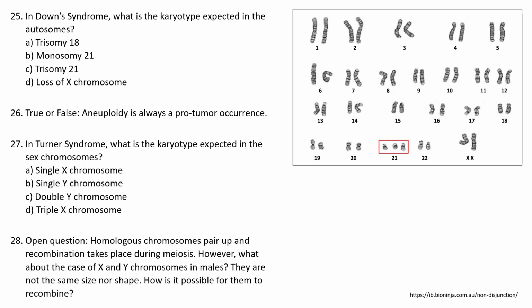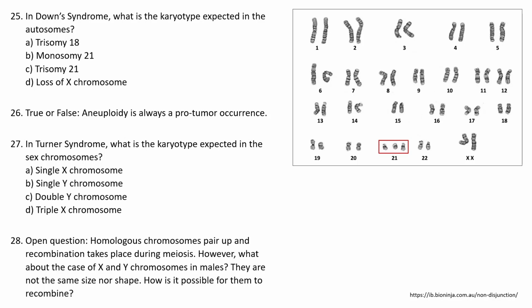Okay. And this is an open question that will lead me to the next part, which is that homologous chromosomes pair up and recombination takes place during meiosis, right? But what about when you have an X and Y chromosome in males? X and Y chromosomes are not the same size, they're not the same shape.